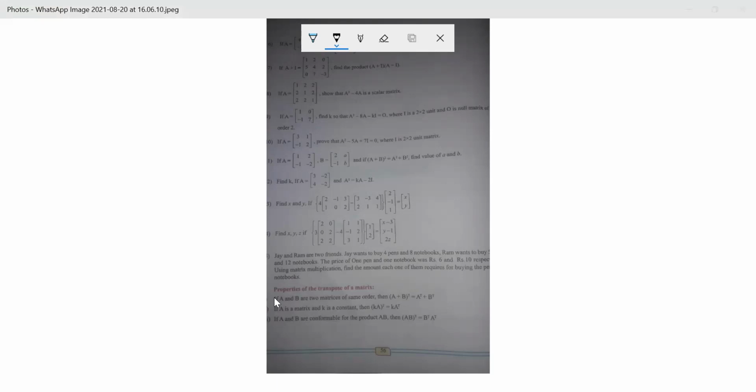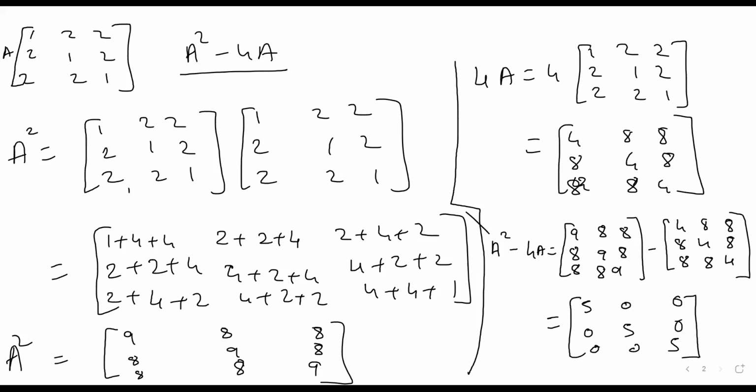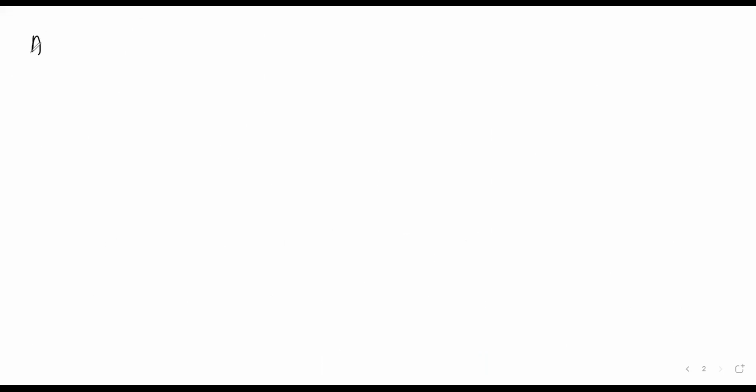Now this 9th one: if A is [1 0; -1 7], find k so that A squared minus 8A minus kI is 0. How will this come? A squared minus 8A minus kI equals 0.